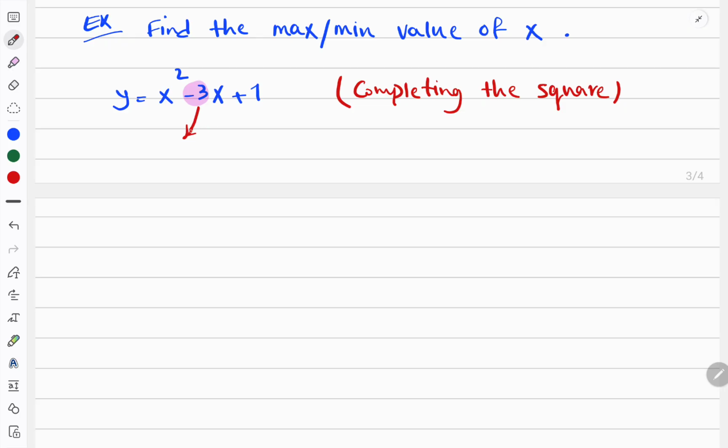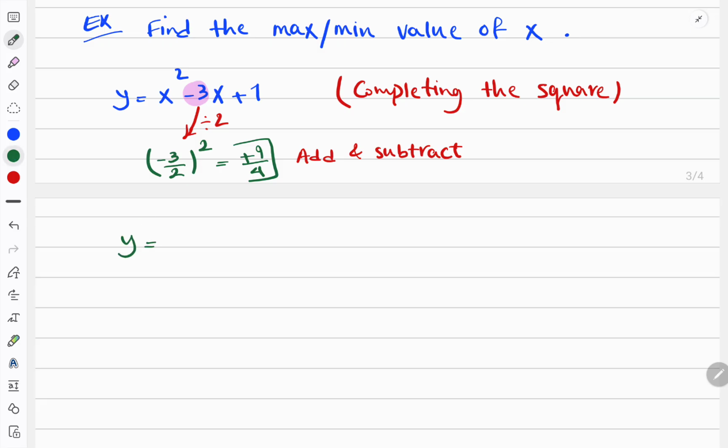Divide this number by 2, which gives us negative 3 halves, and then find the square of that, which is 9/4, and we should add and subtract this number. Add and subtract because we want to maintain the balance of this equation.